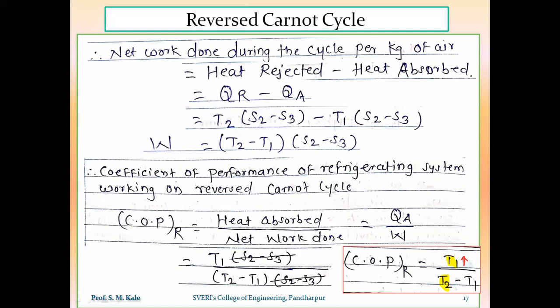Or else, if I keep T1 as a constant parameter, then by decreasing the value of T2, the value of the denominator will also go on decreasing. The net effect will be to decrease the value of the denominator, and as the value of the denominator is decreasing, the value of COP will also go on increasing.